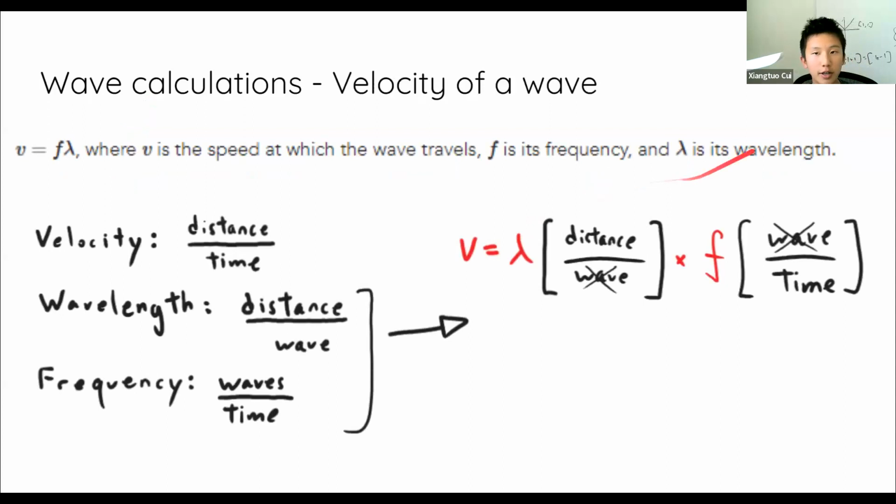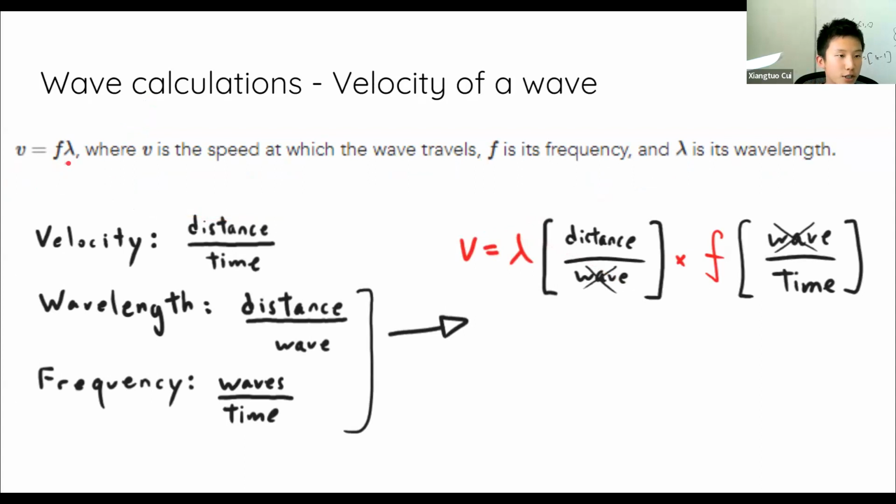And you can also calculate the velocity of a wave using its frequency and its wavelength. Many people may know the speed of sound or the speed of light, but many people don't actually know how those speeds are calculated. The formula is speed is equal to frequency times wavelength.